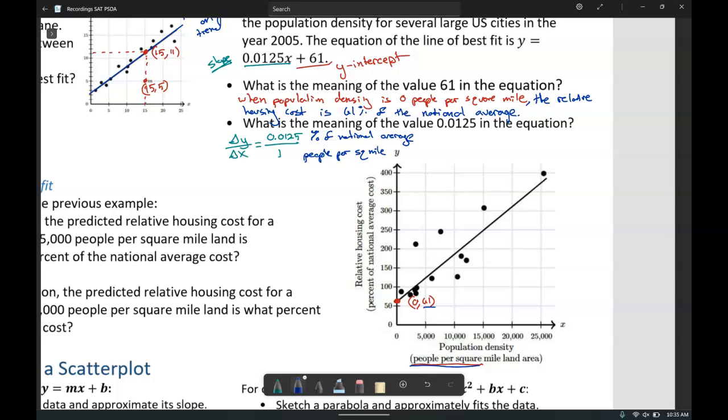So the meaning here is that as the number of people per square mile increases by 1, the relative housing price increases by 0.0125% of the national average.